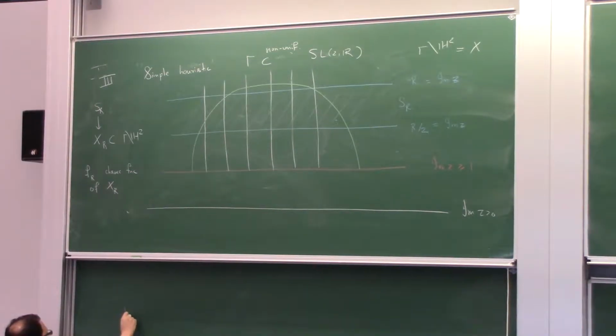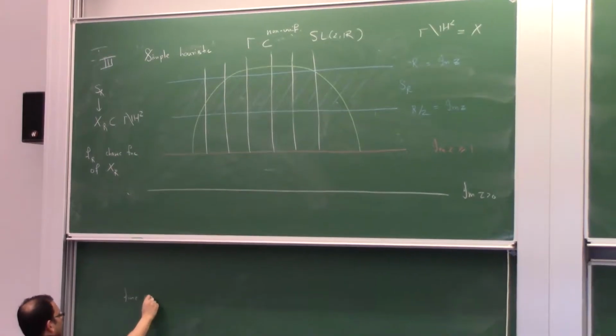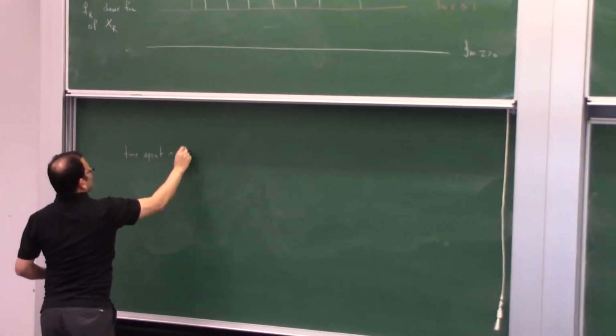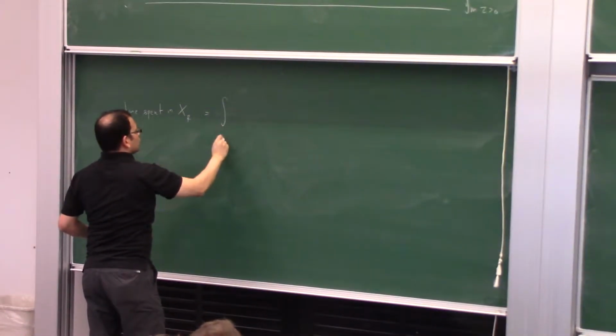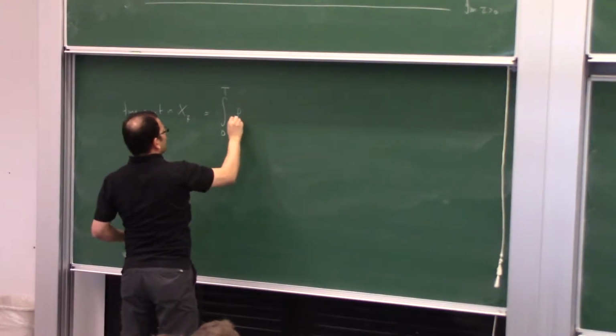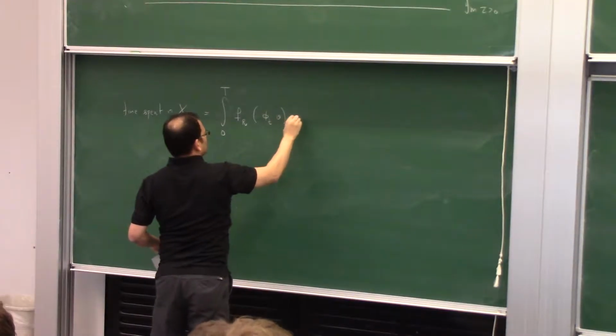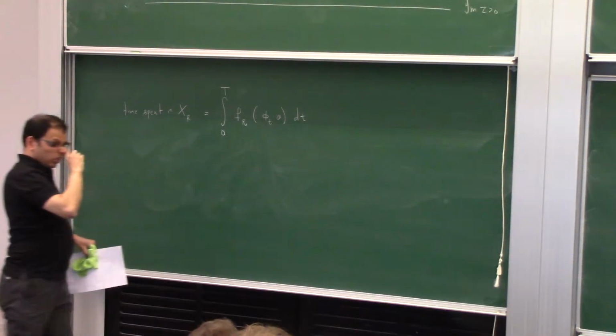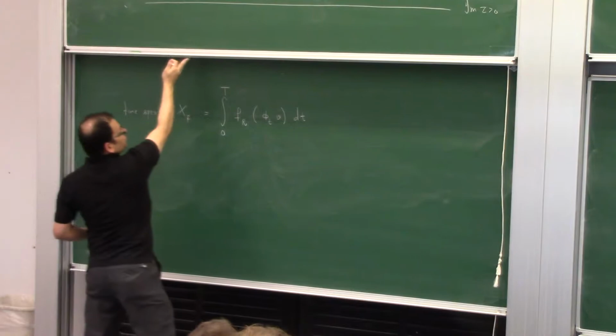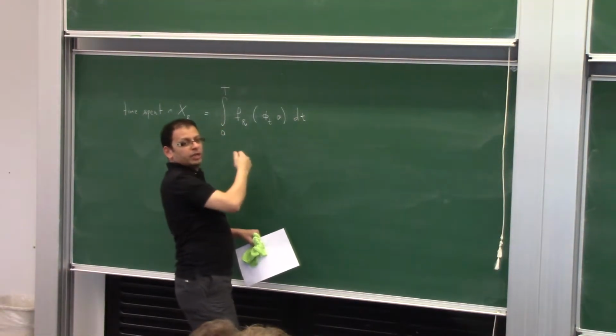So the time spent in XR is simply the integral from 0 to t of Fr of phi t. Okay. So for a random geodesic, what should the estimate be for this?